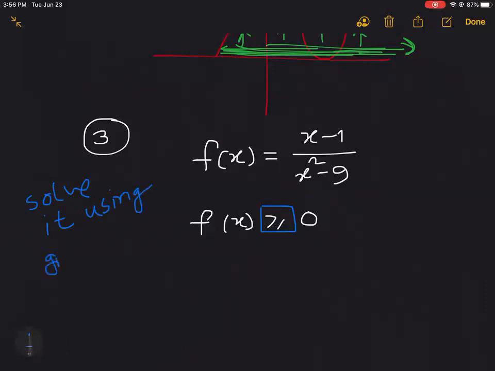I'll actually show both ways. You can actually solve it without graphs as well. First of all, let's see what happens to this inequality if we know what this graph looks like.